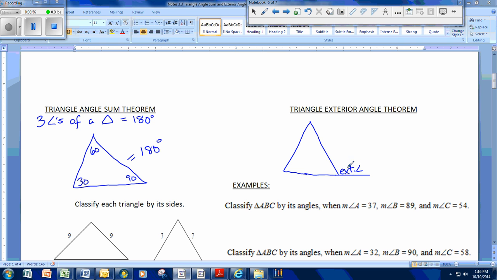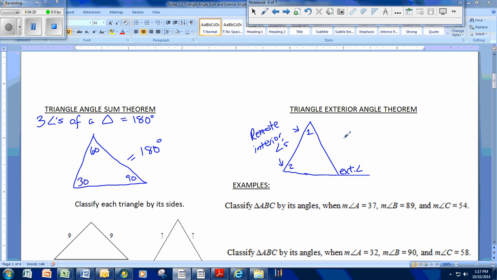All right, now, this exterior angle is going to be the sum of what's called its two remote interior angles. Those are the angles on the other side away from the exterior angle. So these are called remote interior angles.